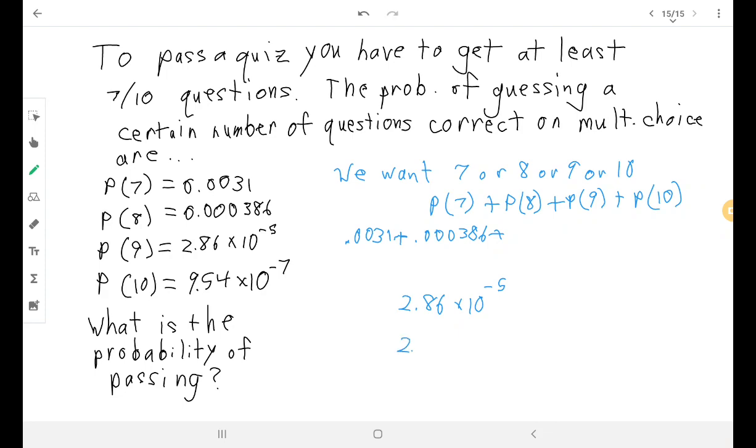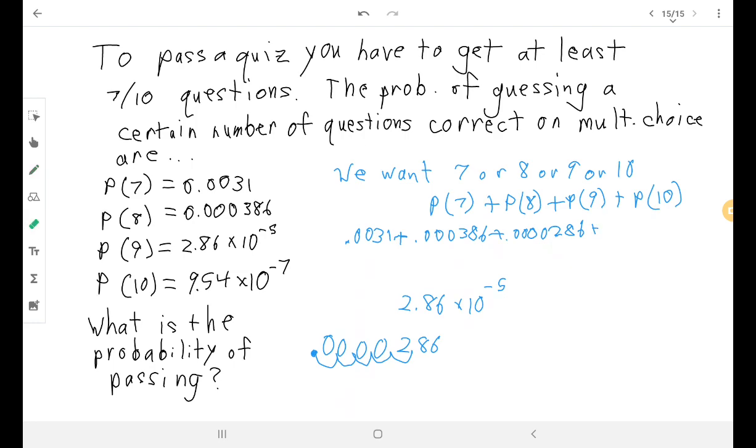So 2.86, and move it so that the number gets smaller 5 places. 5 places smaller. 1, 2, 3, 4, 5. So the new decimal is here, and fill with zeros. So that's 4 zeros. So 0.000286.